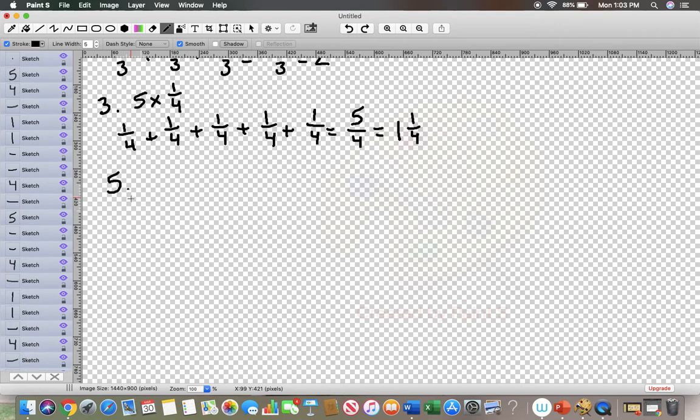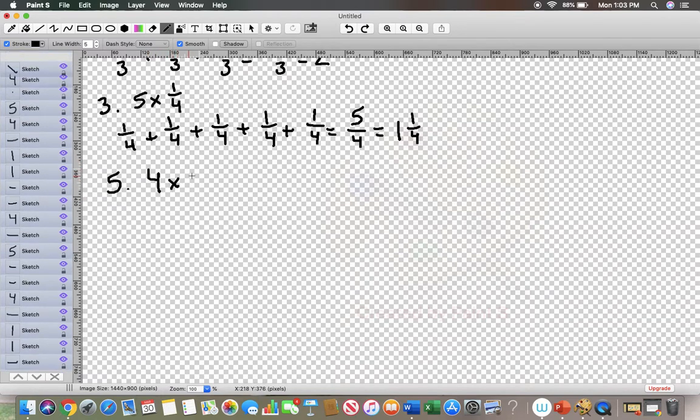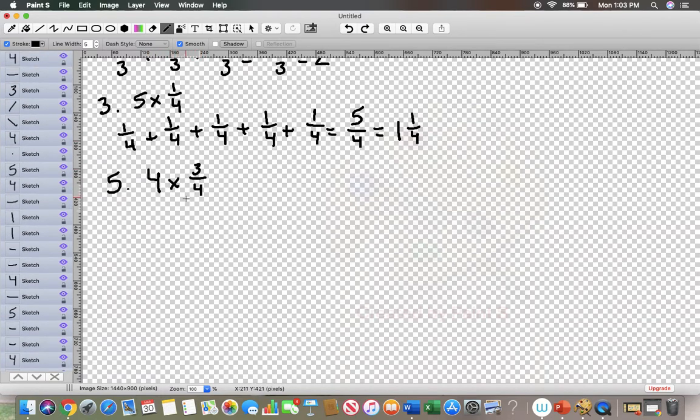Number 5, read the directions, solve, write the answer in lowest terms. I've got 4 times 3/4. Well, 4 times 3/4 means that I need to multiply my numerators together and then multiply my denominators together. Well, 4 over 1, anything times 1 is going to be itself, so it's just going to be 4 down here. 4 times 3 is 12 divided by 4.